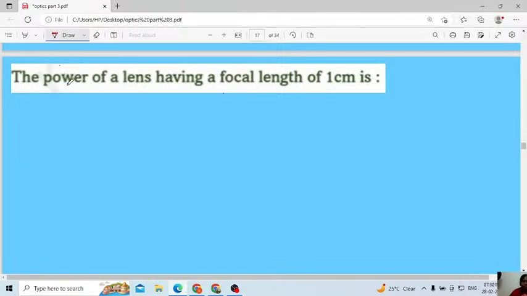Okay, the power of a lens having a focal length, here they have given the focal length as 1 centimeter. Better convert the focal length into meters. Already I told you power we measure in terms of meters, not centimeters. 1 centimeter is equal to how many meters? 0.01 meter, correct?